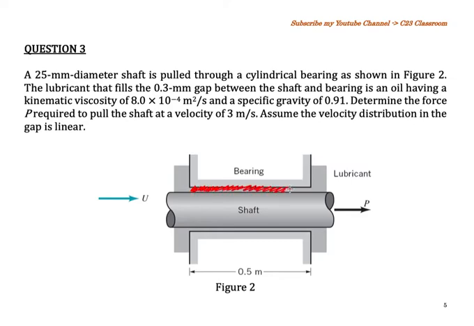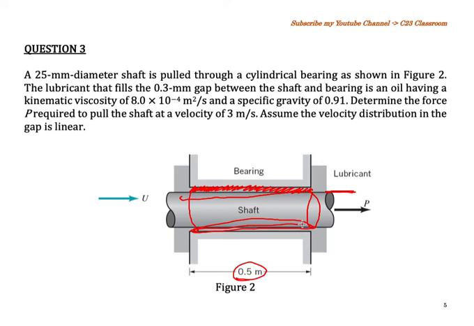Yes, the shaft is longer compared to the bearing, but the condition where the bearing and shaft give a small gap of lubricant is only over this 0.5 meter. That's why we need to calculate the area of only this part.